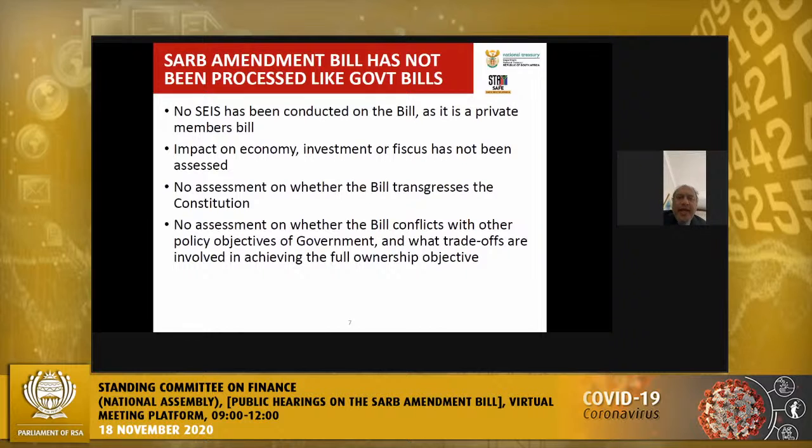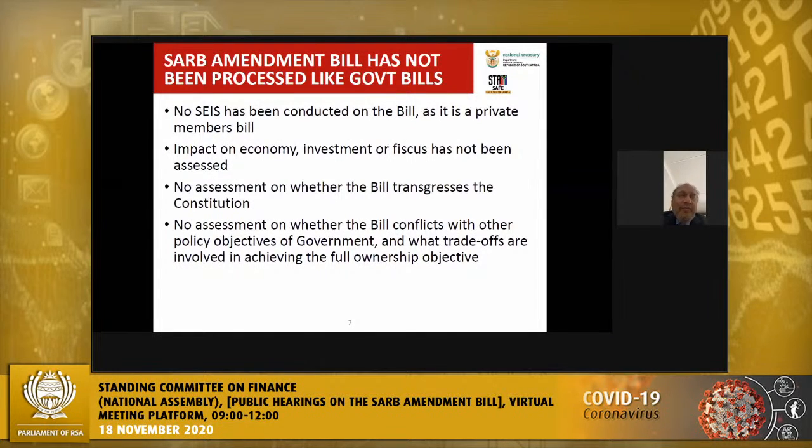Chair, if you look at the bill itself, because it's a private member's bill, Parliament doesn't have a process where any socio-economic impact study is conducted on the bill. The impact on the economy, investment, or fiscus has not been assessed, and we believe that these could be potentially very, very large. There's no assessment on whether the bill transgresses the Constitution.